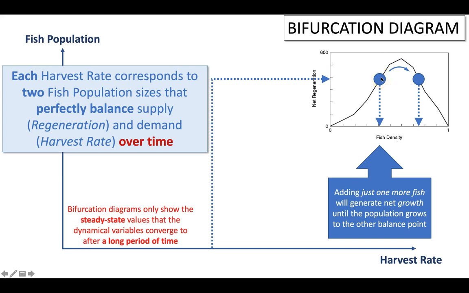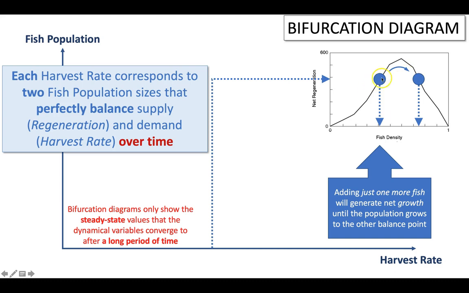I will end up getting a greater density of fish, which will generate a higher regeneration rate, which will be even higher than the current harvest rate, which will mean further growth in the density, which will mean a further increase in the regeneration rate, until I finally hit this special point where the regeneration rate starts decreasing again, and then I'm finally back to this higher equilibrium value that keeps everything in balance.